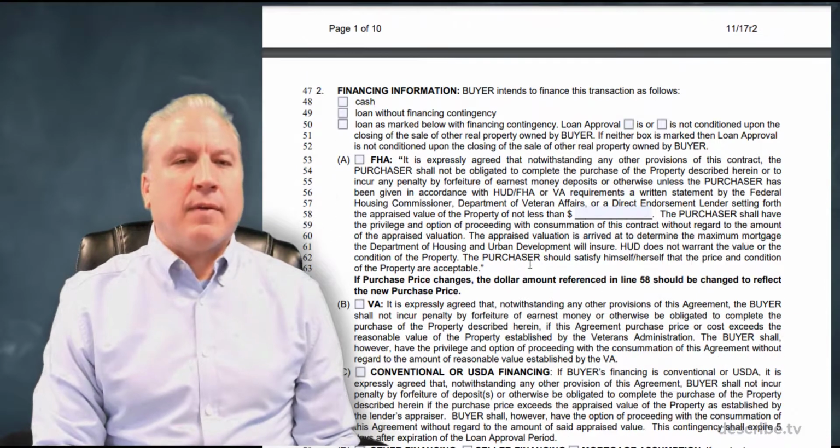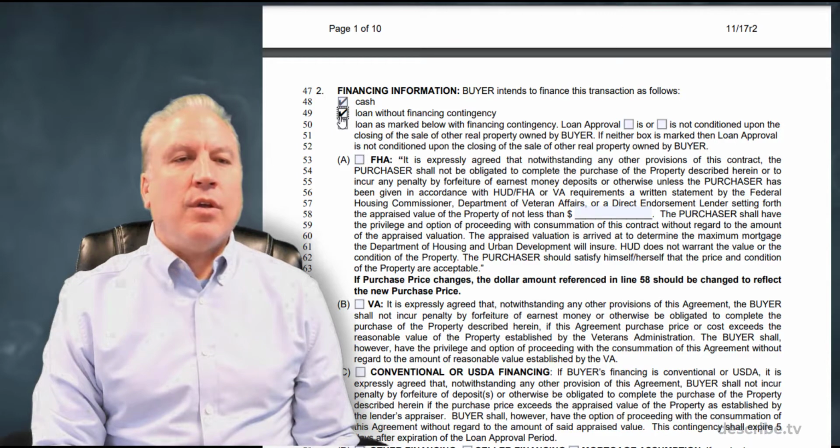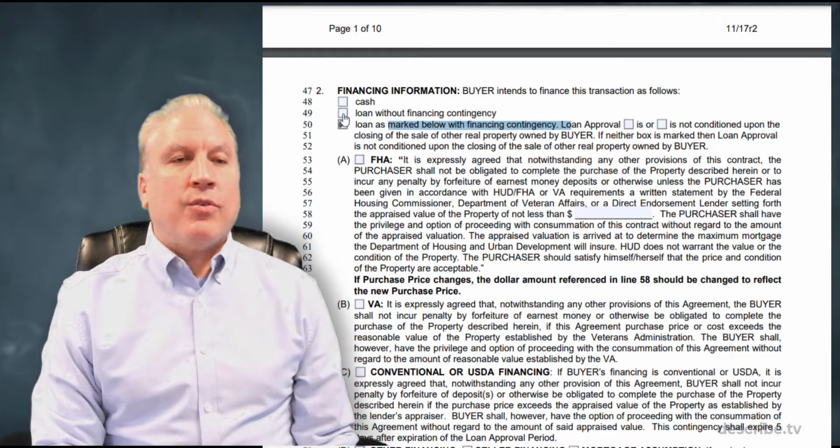What about financing? You're going to need to determine on this contract, is it cash? Are you getting a loan with a contingency, meaning that if the loan doesn't go through, you get to back out? Okay? Or you could do, I'm getting a loan, but it doesn't matter. If the loan doesn't go through, you can't back out as a buyer.